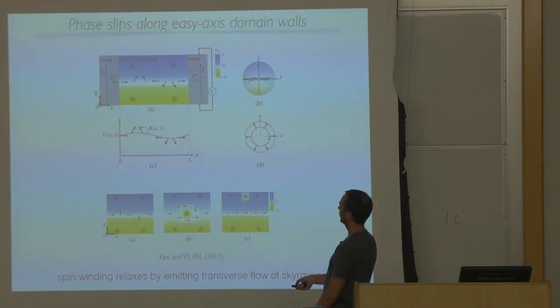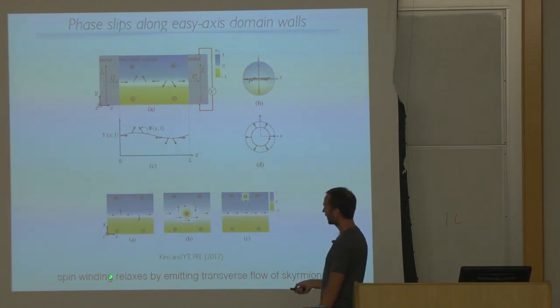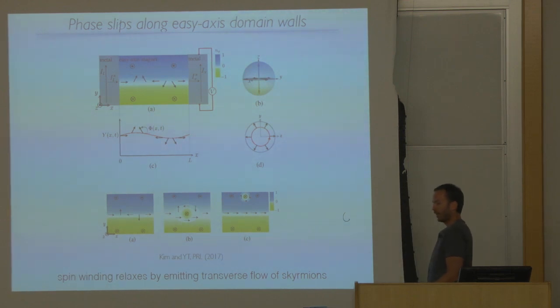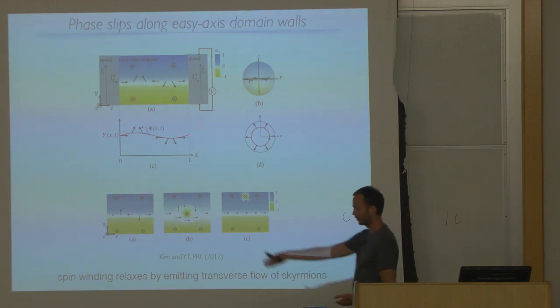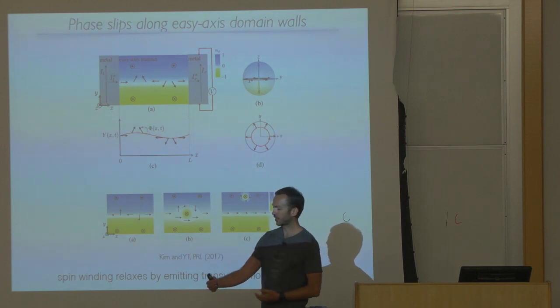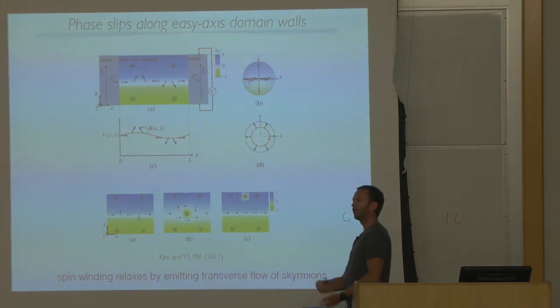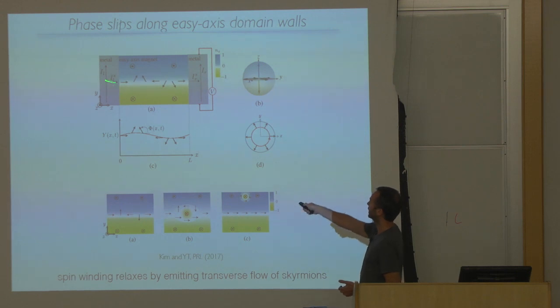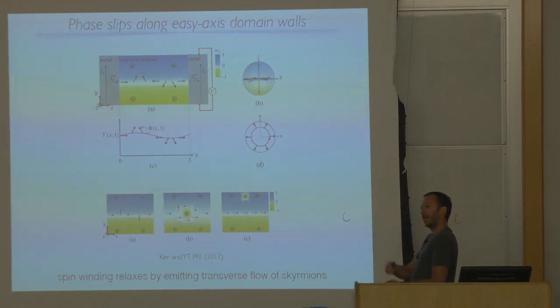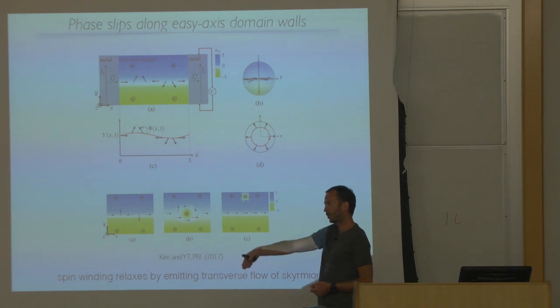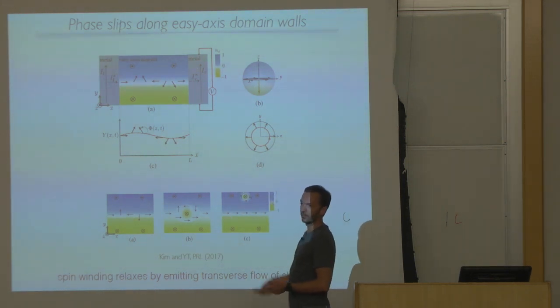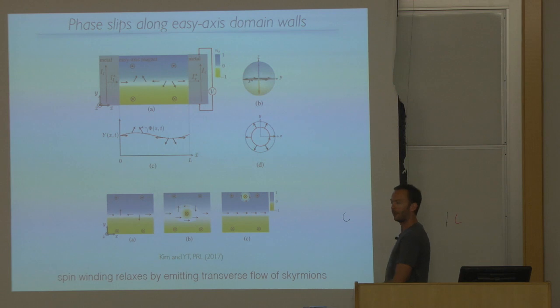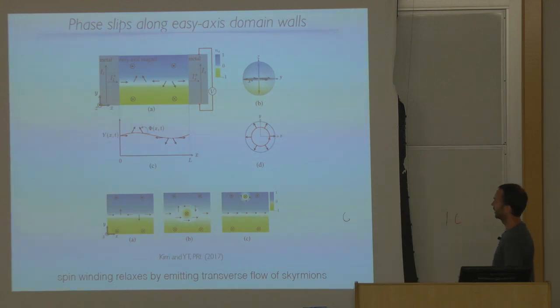The bottom line is that biasing this kind of one-dimensional domain wall, creating the winding and simply waiting for that winding to relax produces a transverse flux of skyrmions. So this is an interconversion of longitudinal flow of winding to transverse flow of skyrmions, and vice versa. If we produce skyrmions by some other means, we can use this domain wall to trap those skyrmions and convert the flux of skyrmions into some measurable voltage on the side. So it's a kind of converter of one type of hydrodynamics to another.